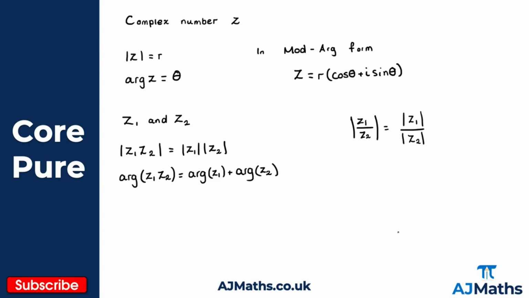And then finally, if we're looking for the argument of z1 over z2, like we said, we can write this now as the argument of z1 minus the argument of z2.